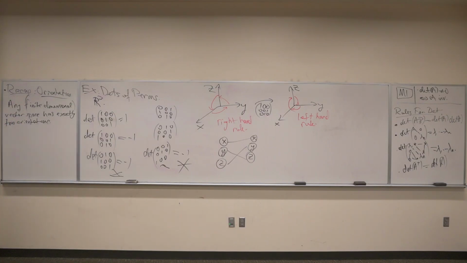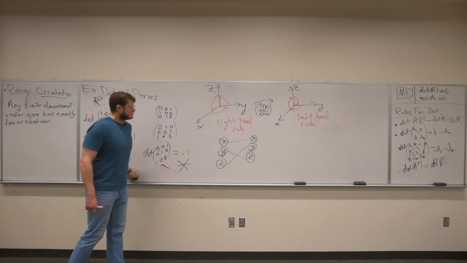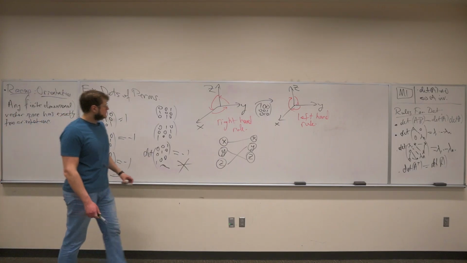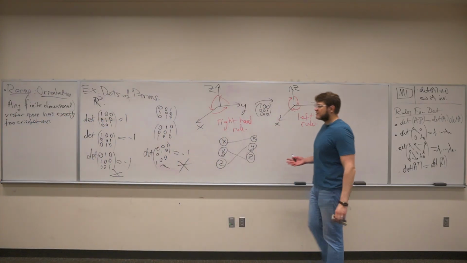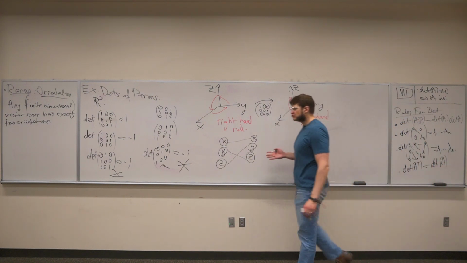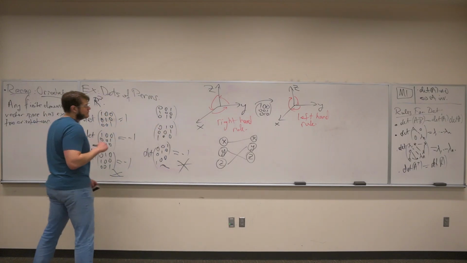Okay. Now, these two are slightly more complicated to see, but the way you should think about it is that both this and this have crossings, but they have actually 2 crossings. And when you have 2 crossings or an even number of crossings in general, the determinant is going to be plus.